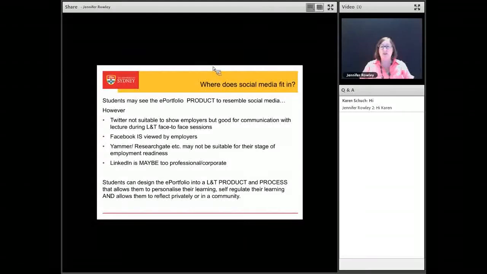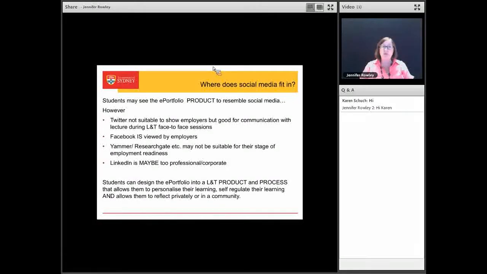Twitter's great for communication. It's used very effectively here in lectures during face-to-face sessions, but it's not really suitable to show employers. And perhaps more age-appropriate is Yammer, ResearchGate, LinkedIn. Is that really where they're up to?